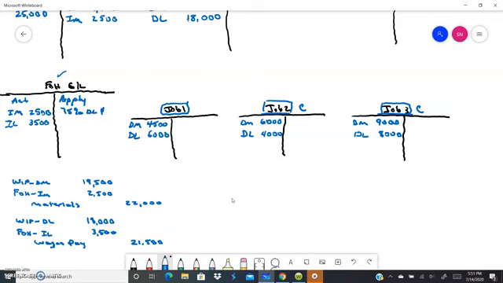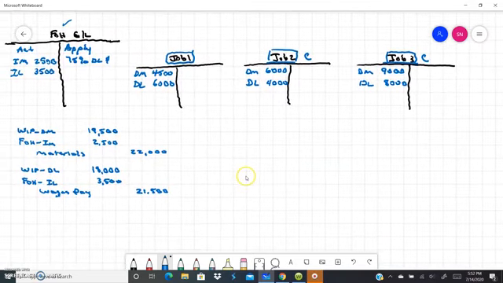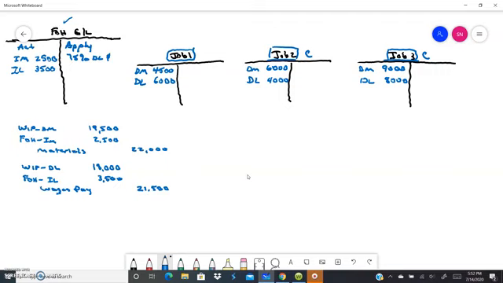Okay, so let's say that we had some additional factory overhead. Let's say we had depreciation of $2,800 and utilities expense of $4,600. So again, we don't use expenses anymore.